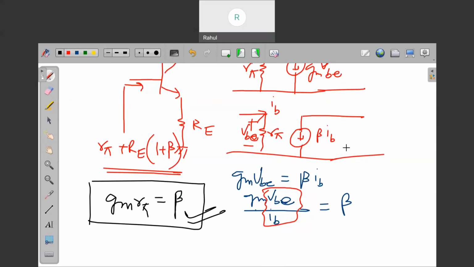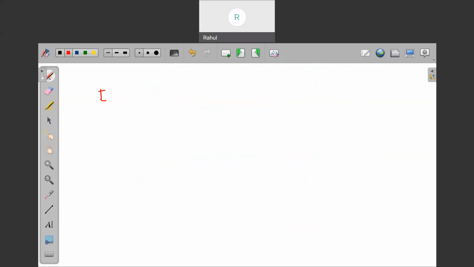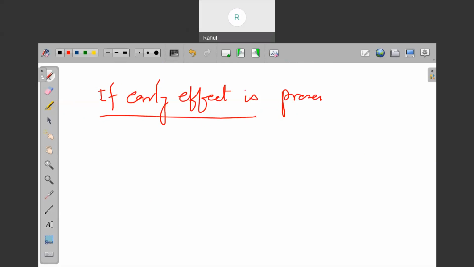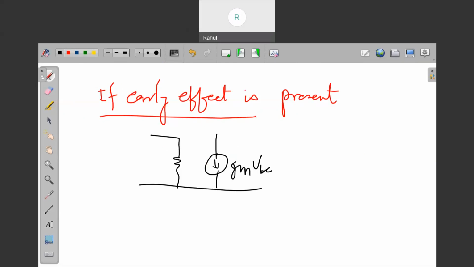If there is no early effect, the output resistance will not be there. If there is an early effect, then you have to consider it, remember. So the r pi model will look like this: gm VBE, and here there will be r naught.